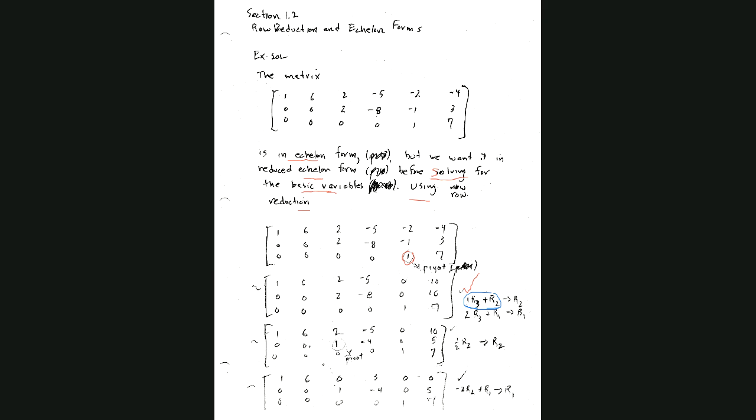The reason we multiply the third row by 1 is because, remember, a row in an augmented matrix is an equation.